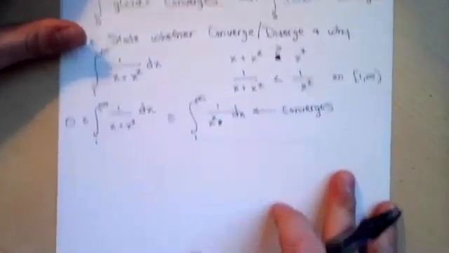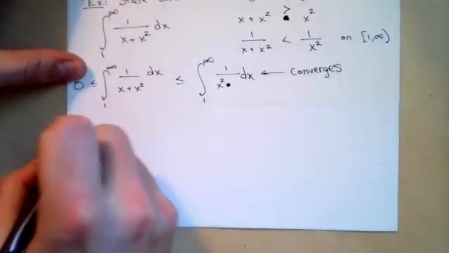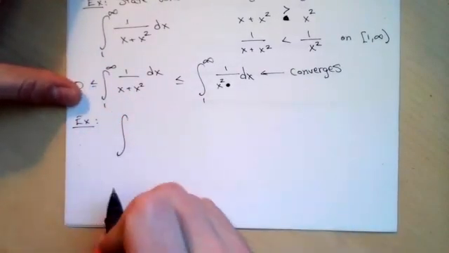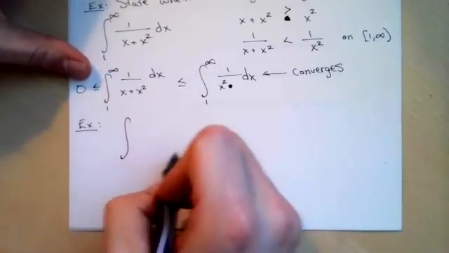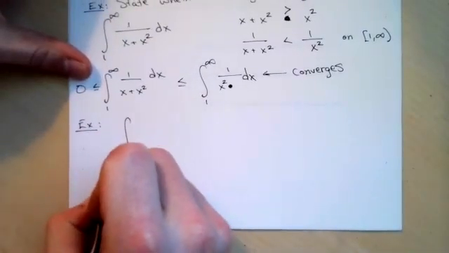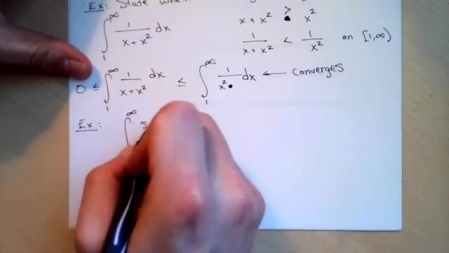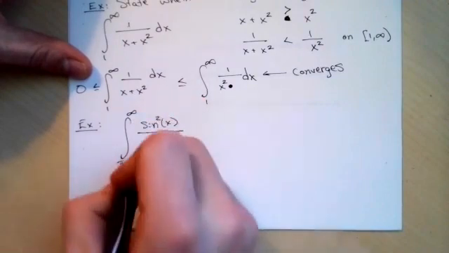Let's check some other ones. Let's do the integral from, let's say, pi over 2 to infinity of sine squared x over x.